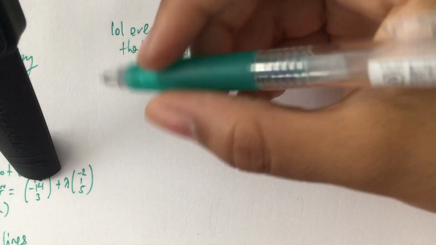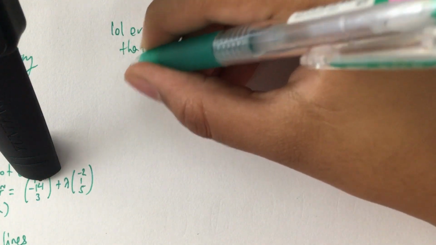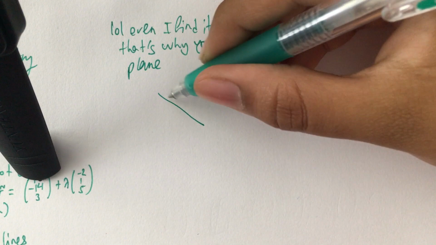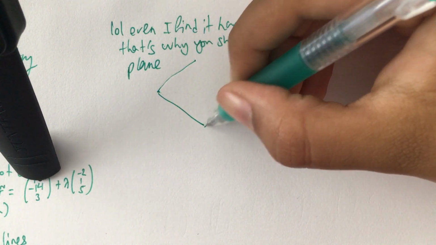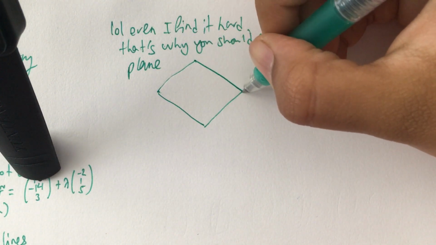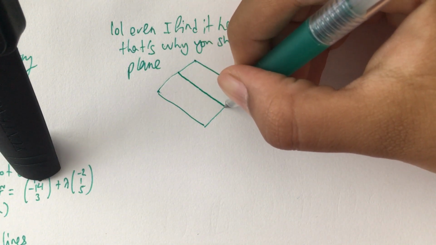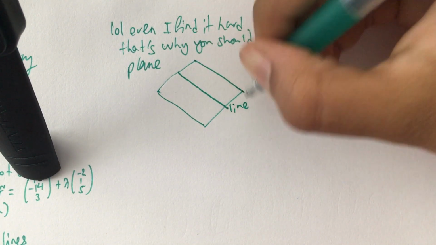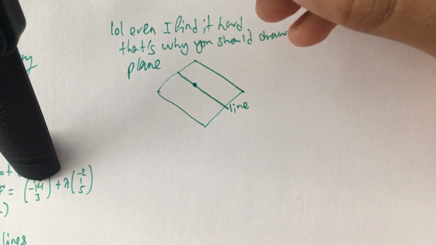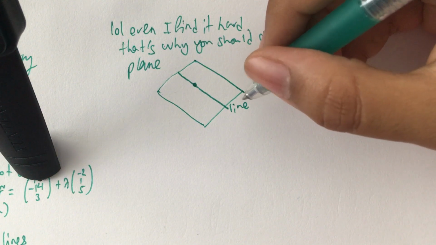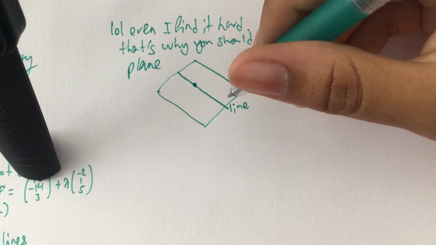Okay, so after we finish the lines, we will look at the plane. For lines, we just define how it works: we have a point to refer to and a direction vector. For planes, we need more than just those two. A line on its own is one-dimensional.